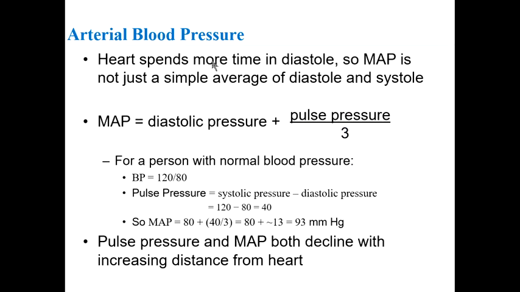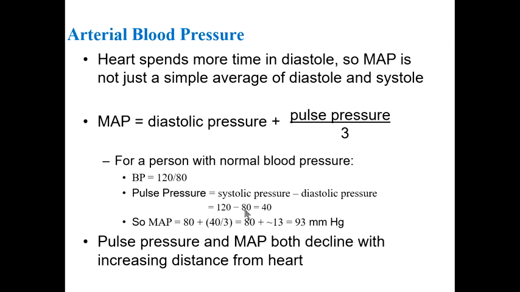So here it is. The heart spends more time in diastole, so the mean arterial pressure is not just simply an average of the two. Here's the actual equation. It's diastolic pressure, let's just use 80 as one for 120 over 80, plus pulse pressure divided by 3. Pulse pressure, remember, is the difference between systolic and diastolic.